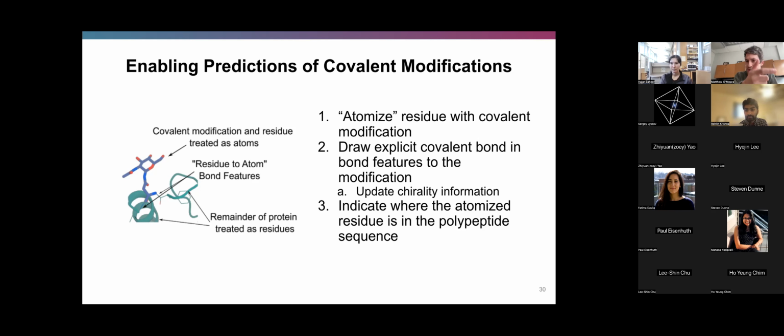Moving back and forth between the residue and atom, like the frame versus the coordinates, as a 4th track in the architecture. Yeah, that's an interesting idea. We haven't explored that in particular. It's a super interesting idea.